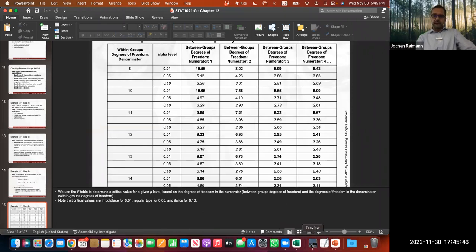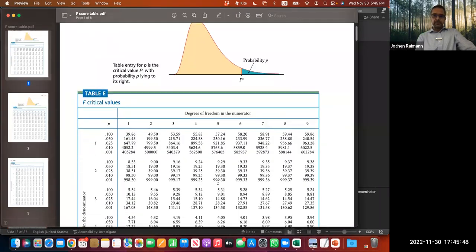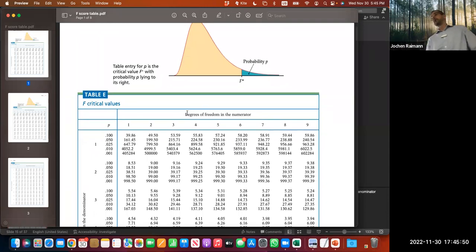So if we click now on our F-score table, in the numerator is the degrees of freedom between, which is 3. Within, we have 13 minus 4, that's 9.